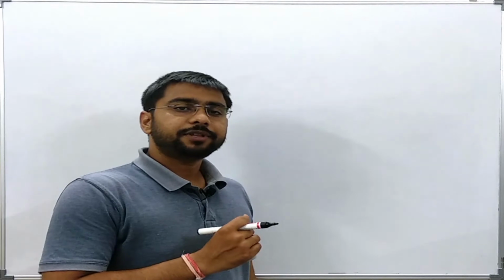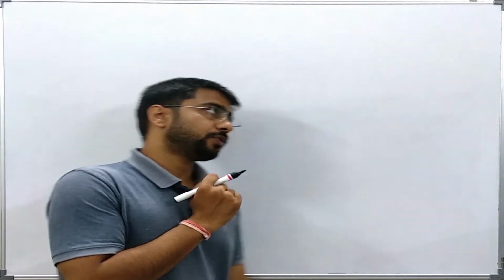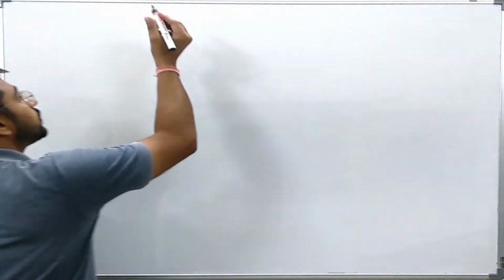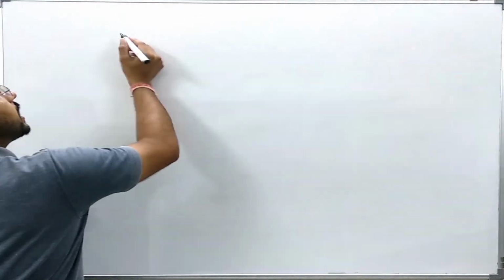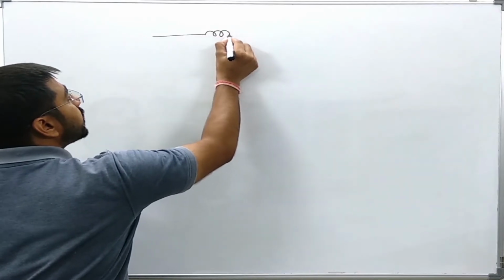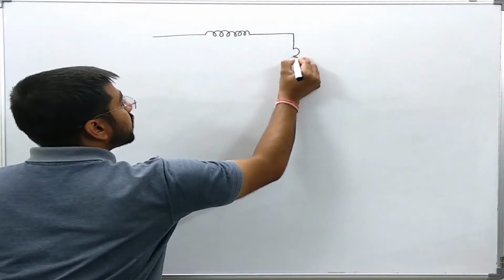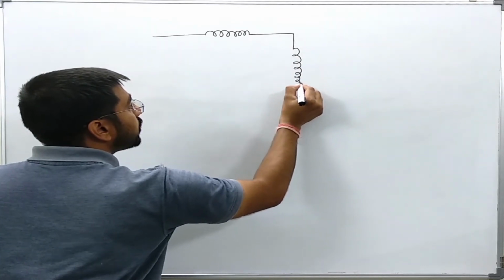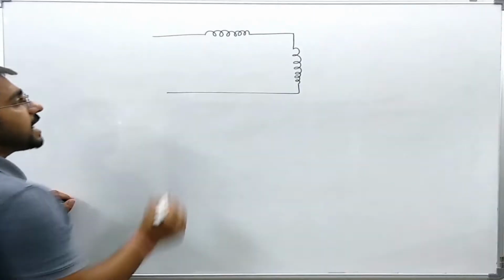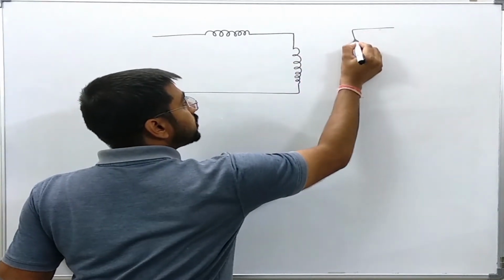Now let us derive the Y matrix of an off-nominal tap ratio transformer. In the previous slide, I have shown that an off-nominal tap ratio transformer can be shown as a transformer which has different voltages at its two ends.